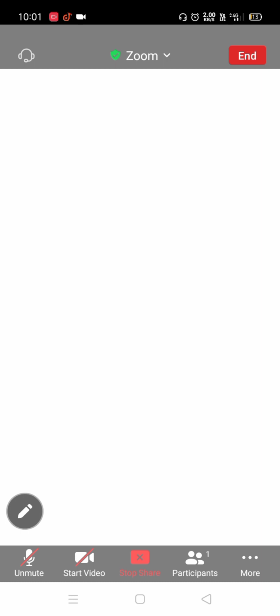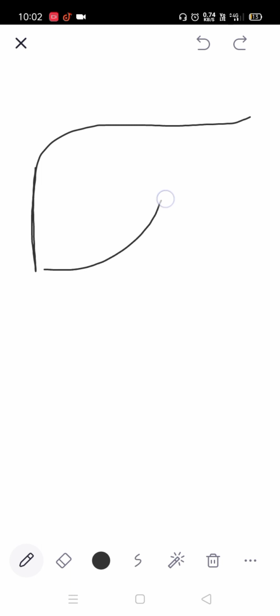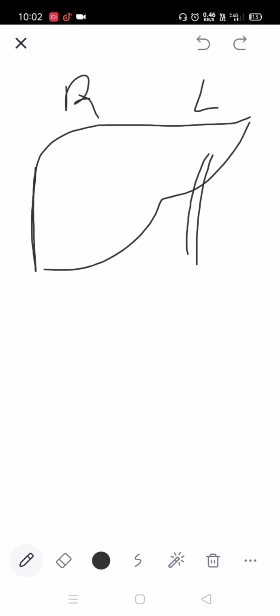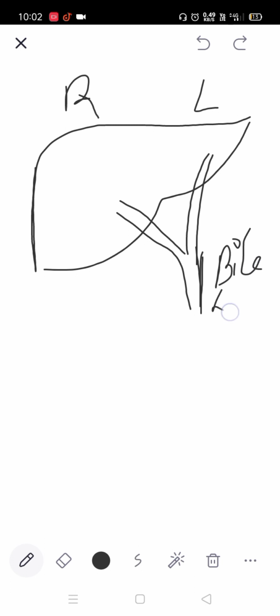Now we are going to learn about the structure of the liver. As I've already told, there are two lobes in the liver. This is the liver, this is the left lobe, and this is the right lobe. This is the duct coming from the left lobe, and this is the duct coming from the right lobe. Both will join together, and this is called the bile duct.